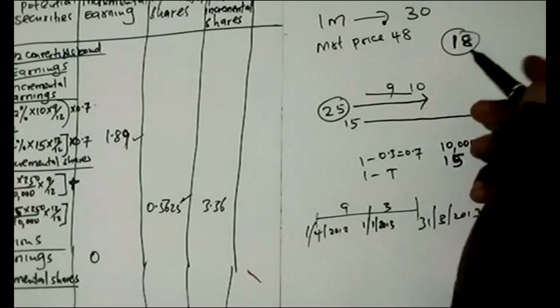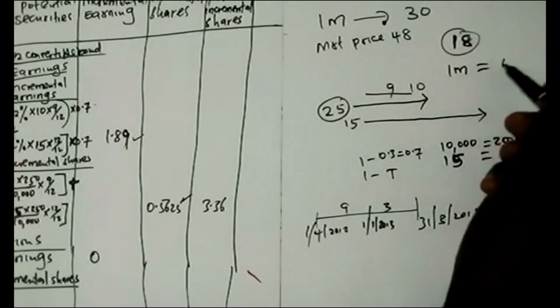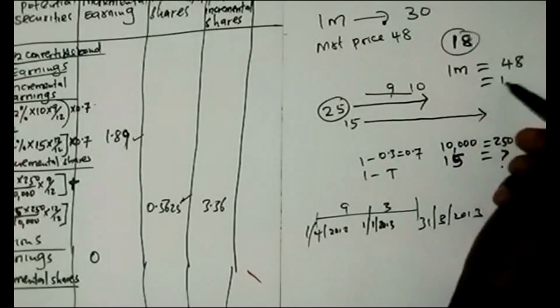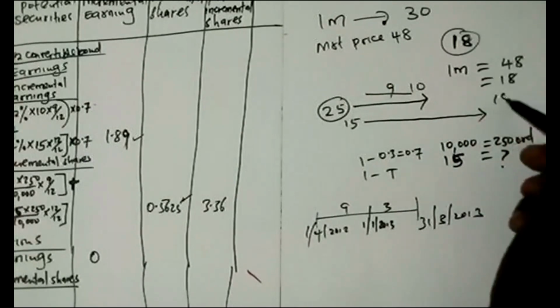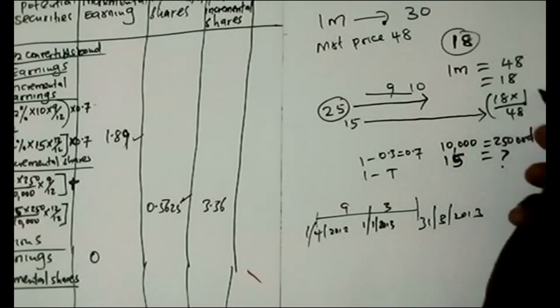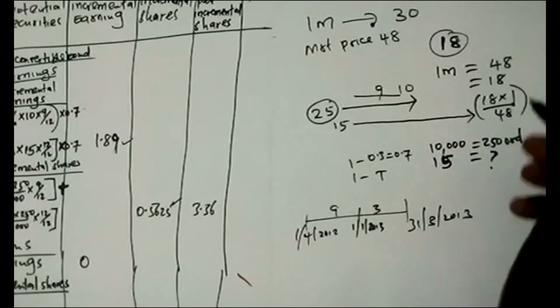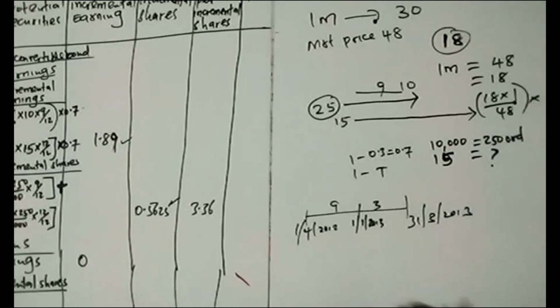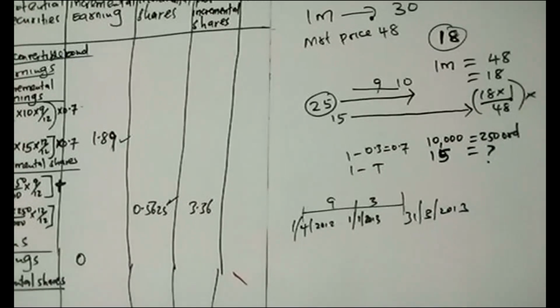So we always equate 1 million to the market price of 48. What about 18? Take 18 times 1 over 48. Then getting that, you get the number of shares they could have gained, weighted from the period they were given that option.